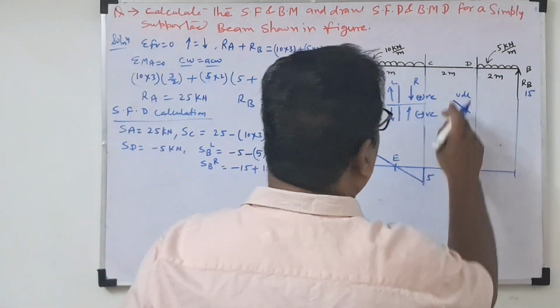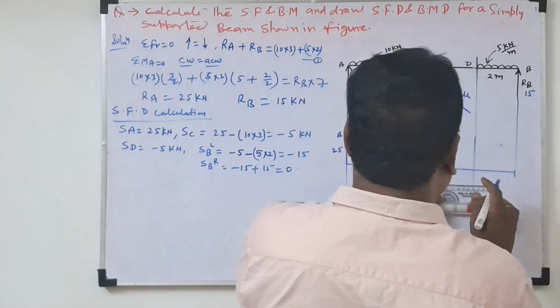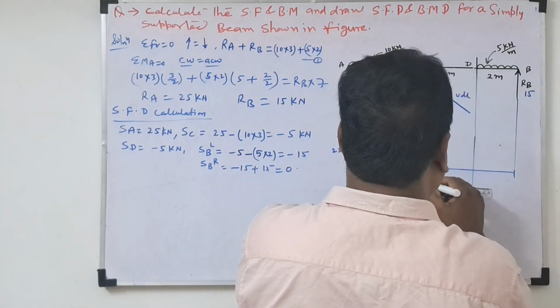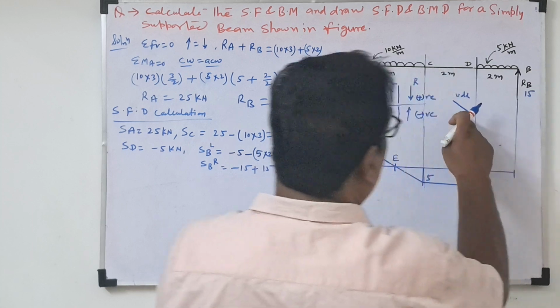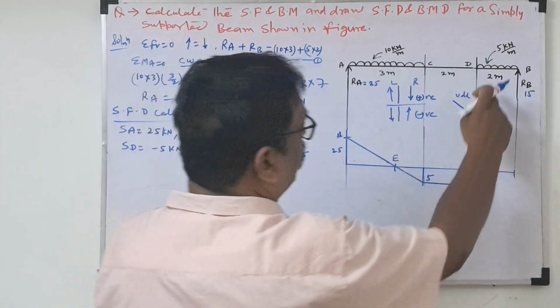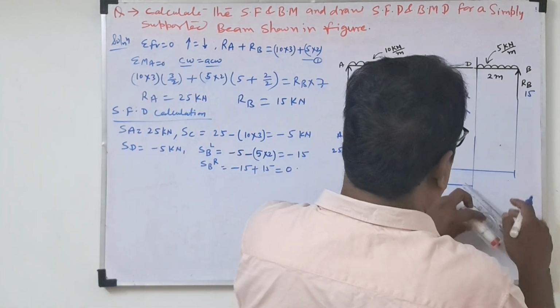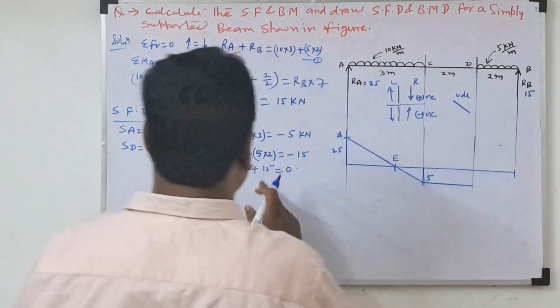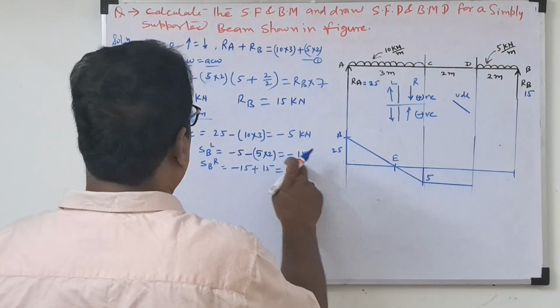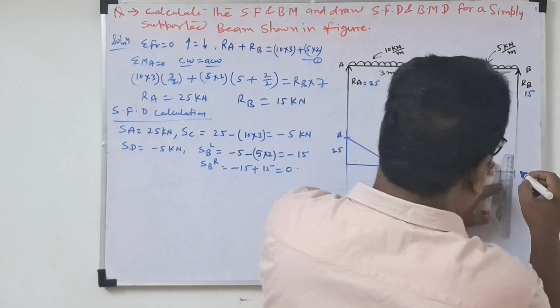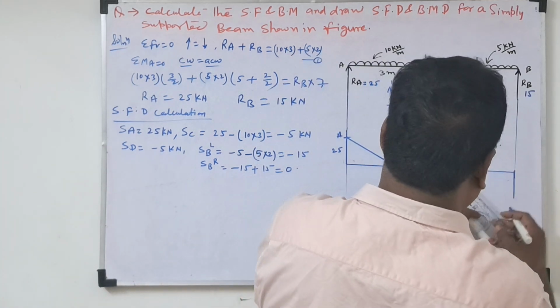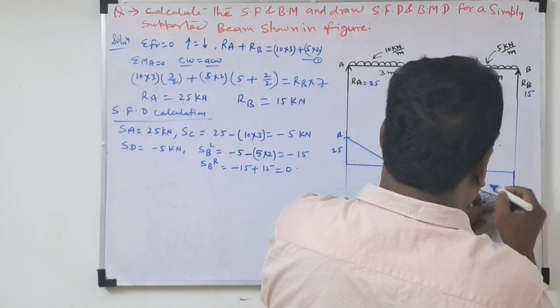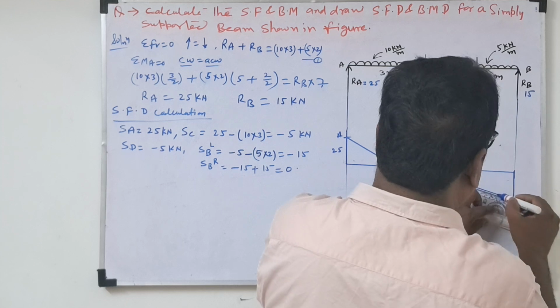Now between points C and D, there is no load, so we draw a horizontal line. No load means a horizontal line; UDL means we draw an inclined line. Now again UDL is there. How much is it here? Minus 15, SBL. SBL will be minus 15, so here an inclined line because this is UDL.